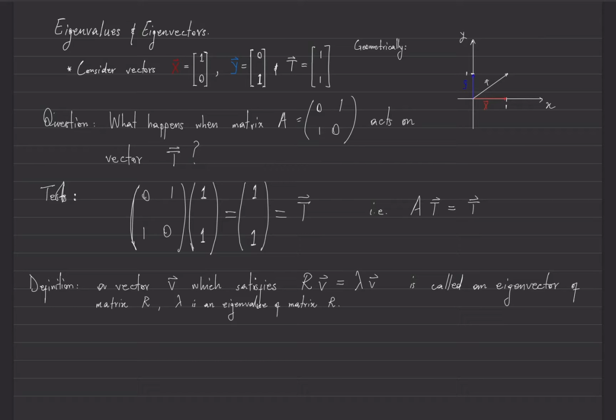Another way of saying this is that eigenvectors always produce vectors that are collinear. In other words, this V bar is parallel to this thing here on the right. It produces something that is on the same line as itself. This is where the idea of eigenvectors comes from.